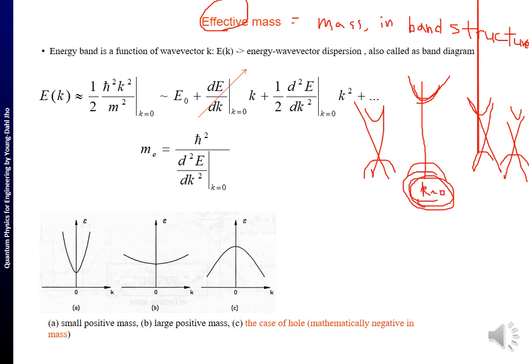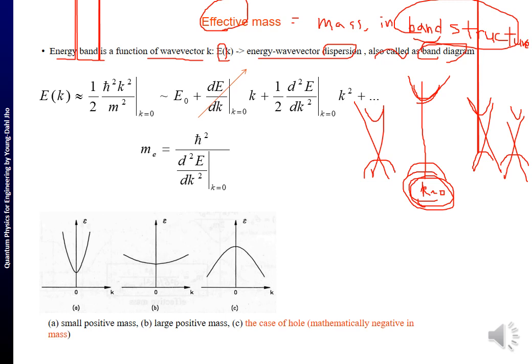So in this case, we can consider effective mass. We know the energy band is a function of wave vector. We consider the energy-K diagram. Energy-wave vector dispersion, yeah, same meaning. Dispersion, band diagram, band structure, they have the same meaning.